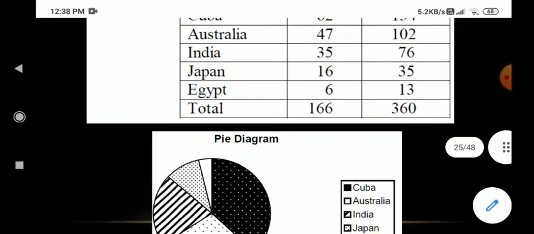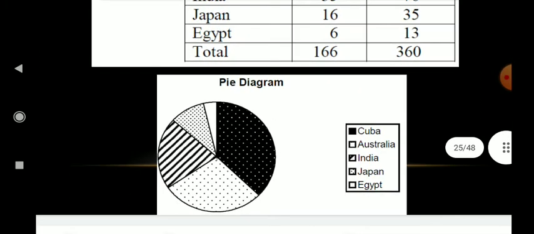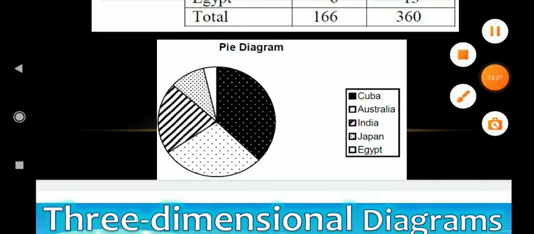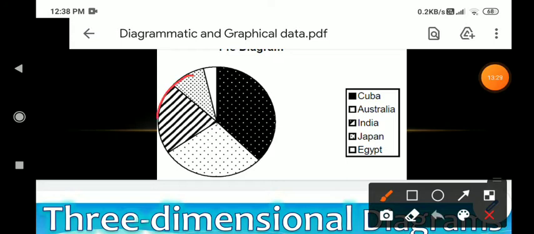Now what we do is, take your compass and draw the circle. So the first step is drawing this circle. Then from the center you draw a horizontal line wherever you want. It might be here, there, wherever.